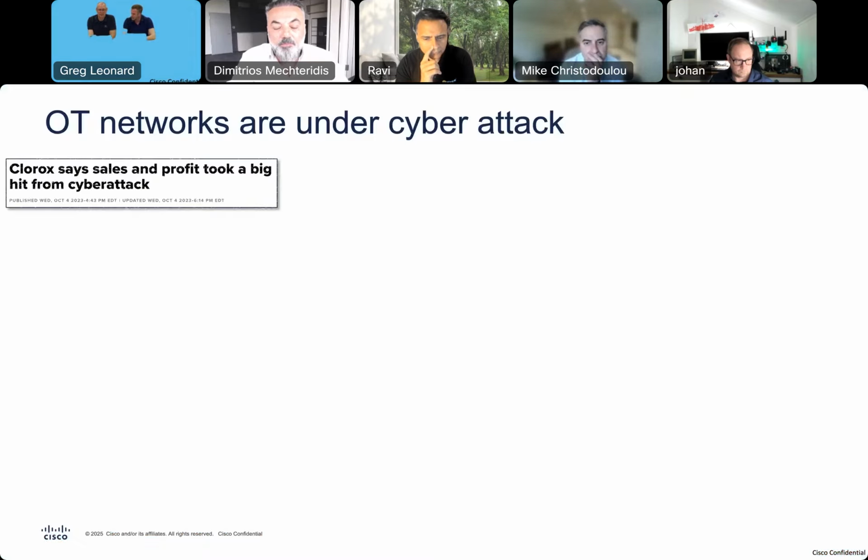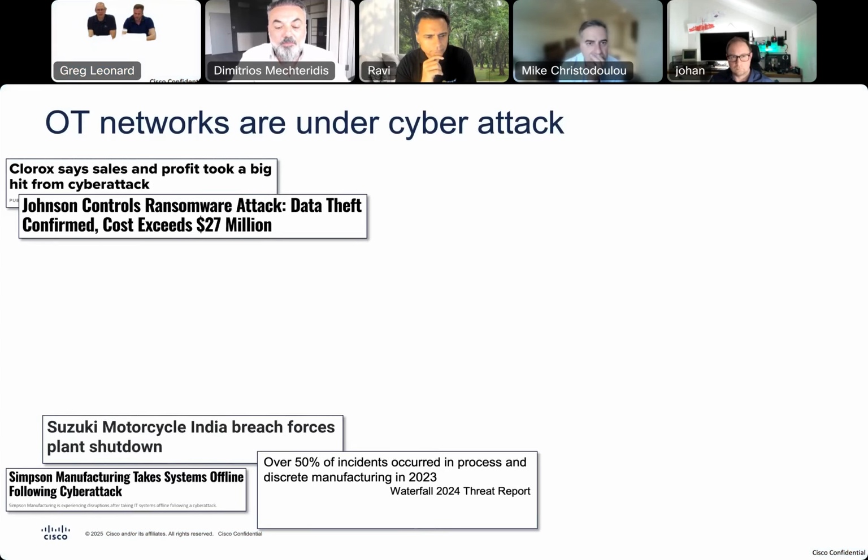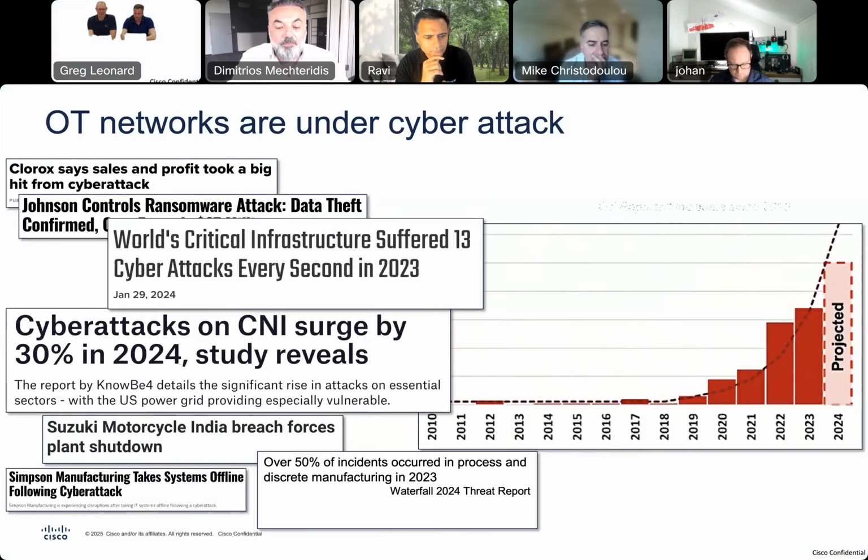Thanks, Adam. Yeah, so let's take a look at why OT cybersecurity is such a hot topic. 20 years ago, these OT systems and networks benefited from security via obscurity. You had to really understand the weird and wonderful industrial protocols that were in use in order to cause any serious damage. Over time, that has changed.